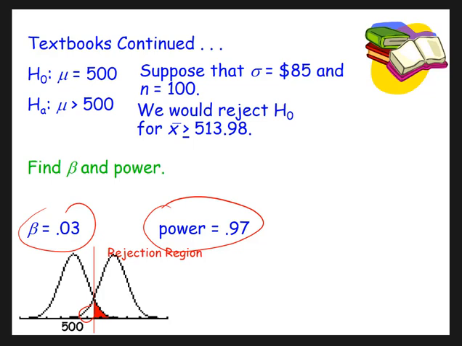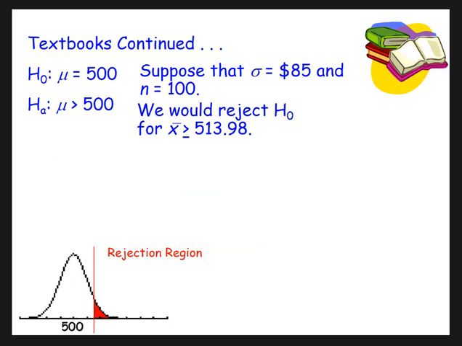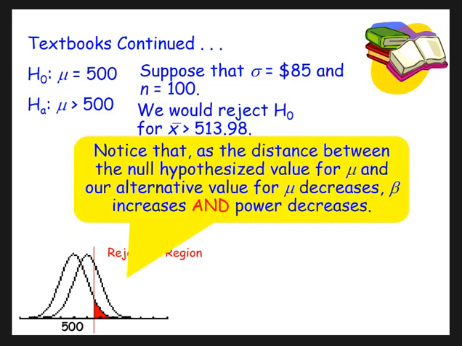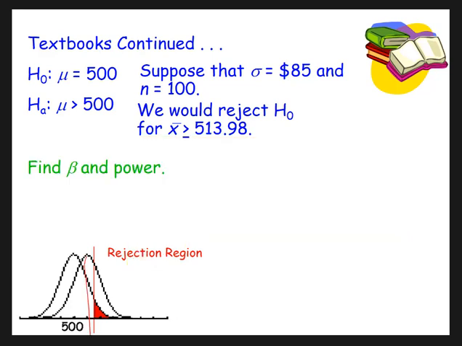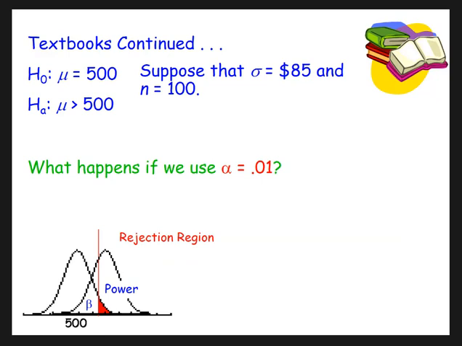The power depends on the real value of the mean. The further the mean is away from our hypothesized value, the more powerful the test is. But we can never actually know what that amount is. And of course, if the true value is actually less than that critical value, then our power is extremely small.